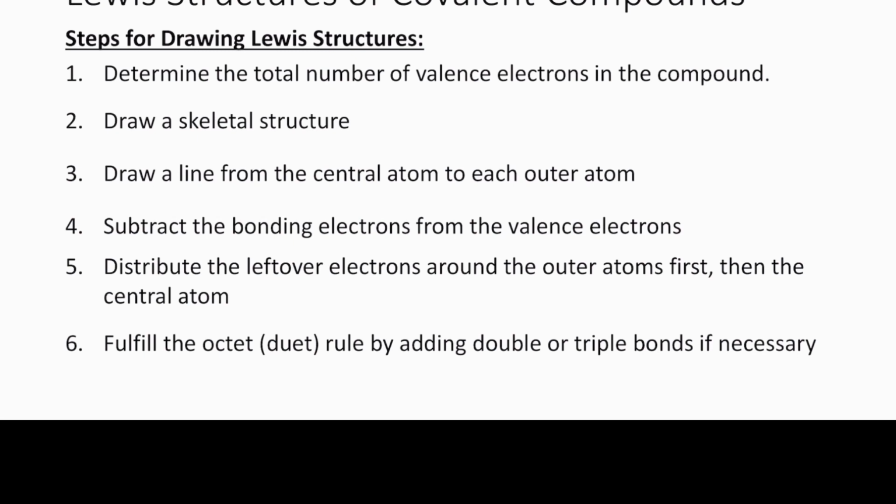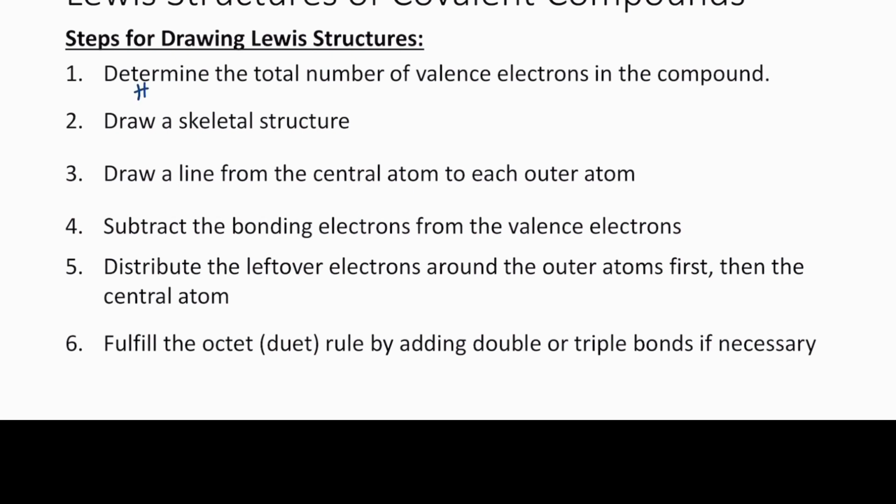So the first thing you want to do is determine the total number of valence electrons in the compound. And I would say about 93% of the issues I see with Lewis structures come from the fact that people don't do this first step.